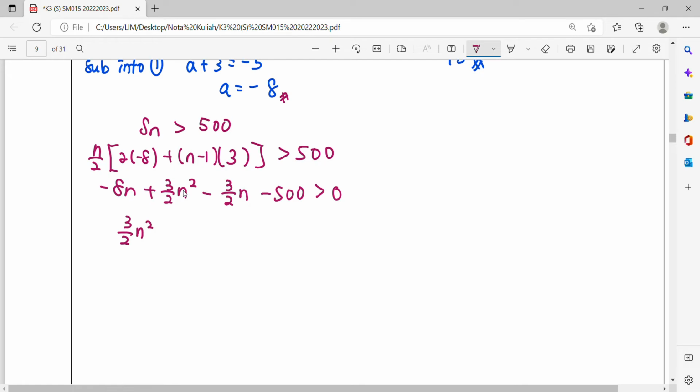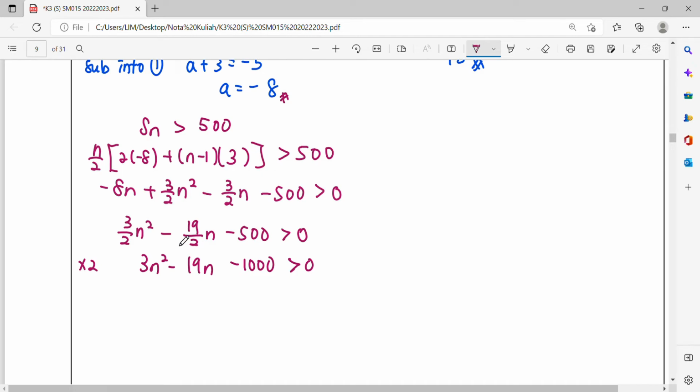So -8n minus the other n term. Then we notice our quadratic coefficients are still in fractions, so we have to simplify to whole numbers. So we times 2.